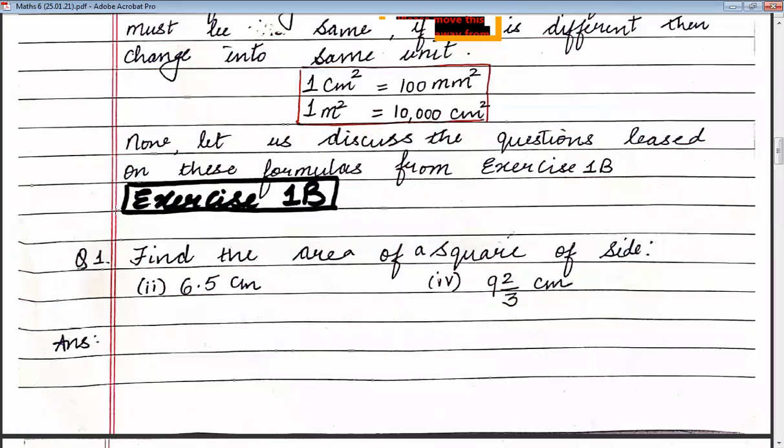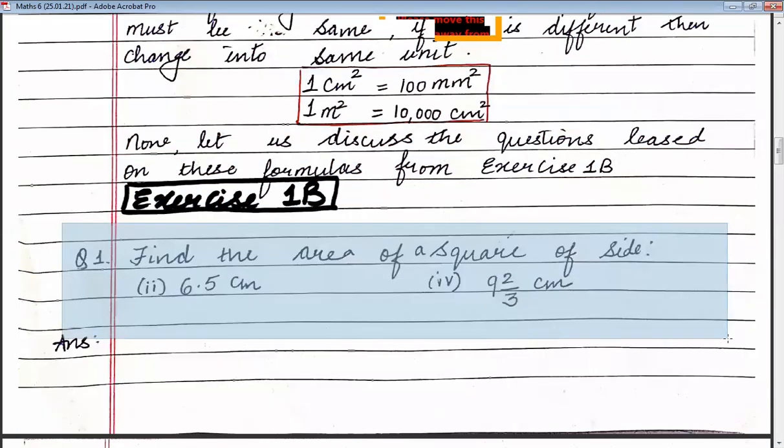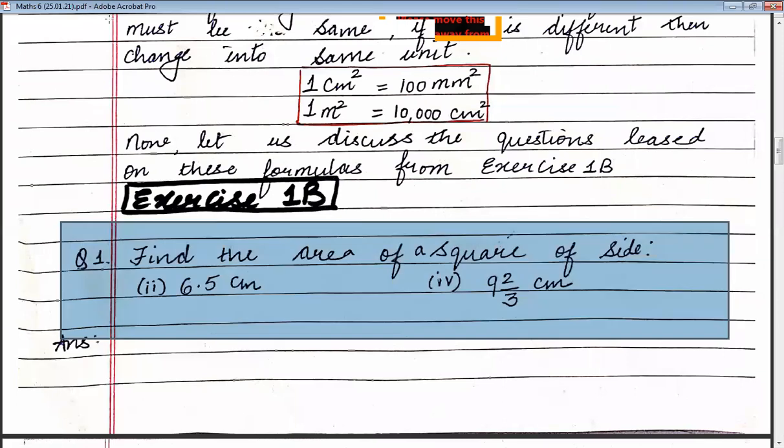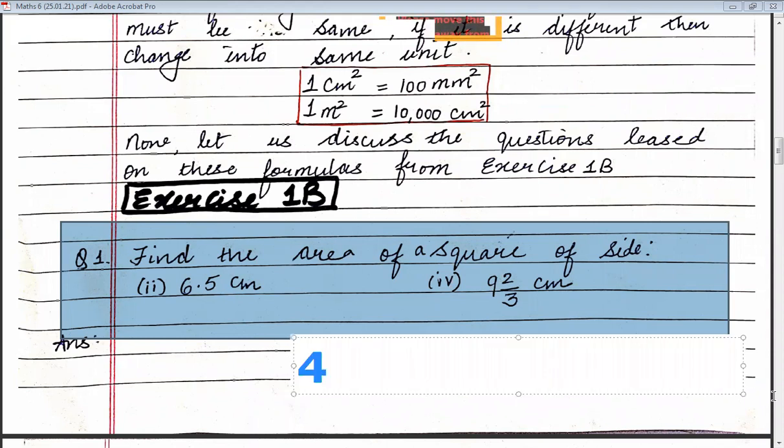Now, let's have a look at question number 1. You have to find the area of a square whose side is given 6.5 centimeter and 9 2 upon 3 centimeter. I hope, children, you know the formula of area of square. It is 4 multiplied by its, no, that is your perimeter.